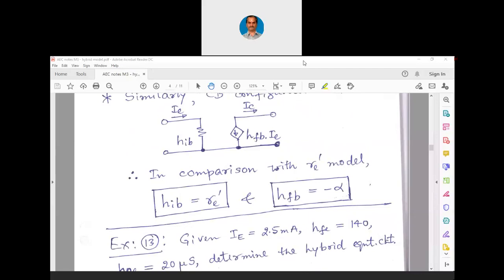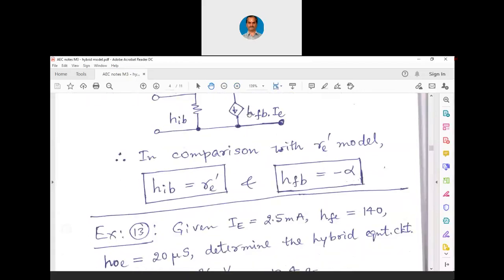Now there are 44 students attending the class. I expect some of you to quickly find out the answers, and either you orally tell me or you put it in the chat box. Given IE is 2.5 milliampere, HF equals 140, HOE equals 20 microsiemens.